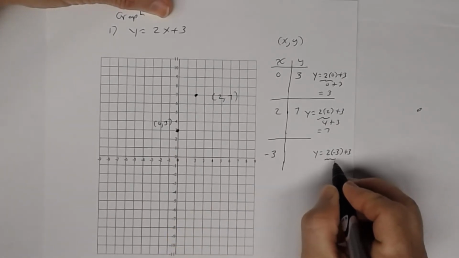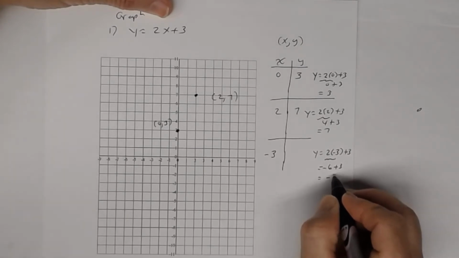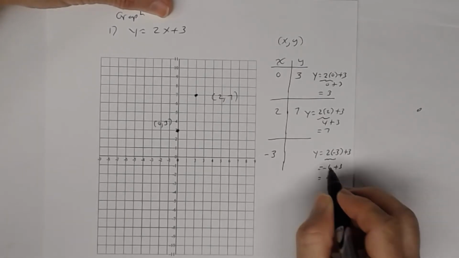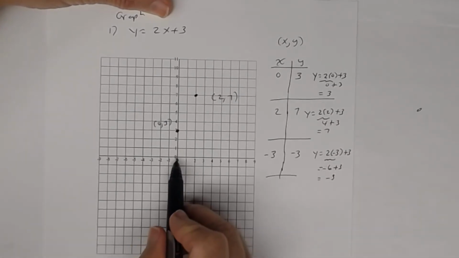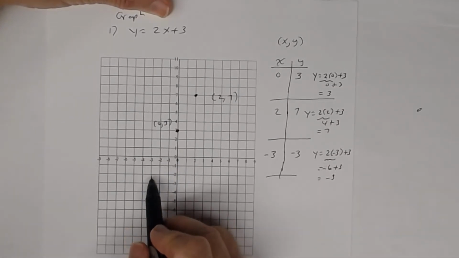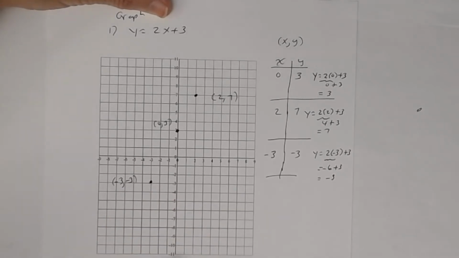Well, 2 times negative 3 is negative 6. Negative 6 plus 3 is negative 3. So I'm going to plot the point negative 3, negative 3. I go to the left 3 and then down 3. So there's the point, negative 3, negative 3.